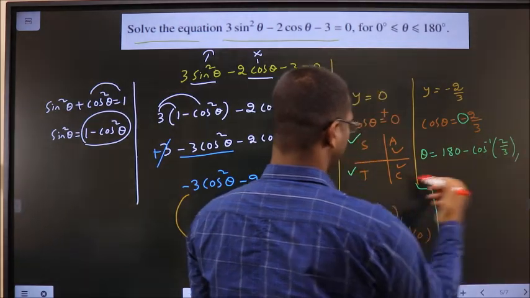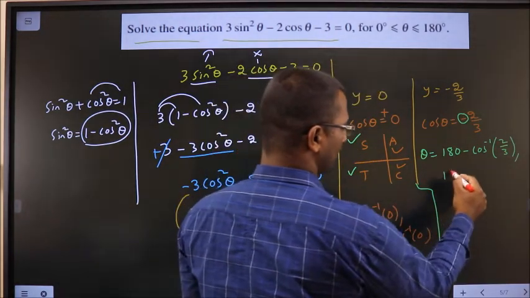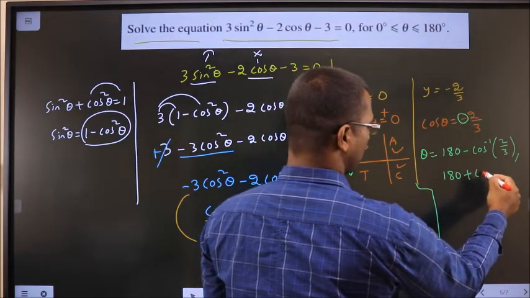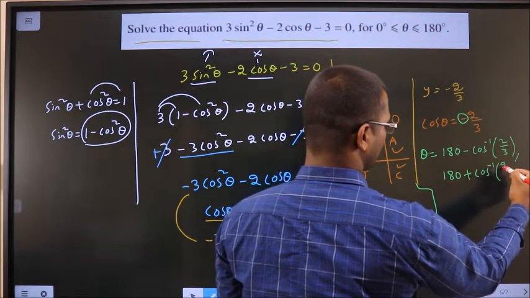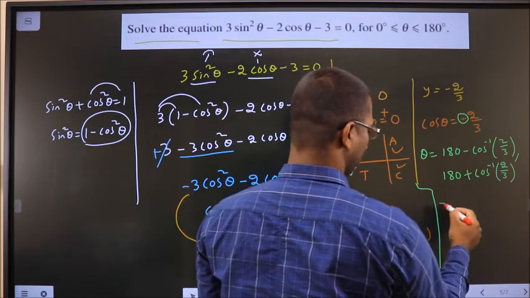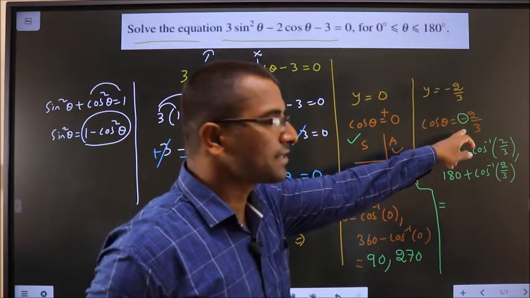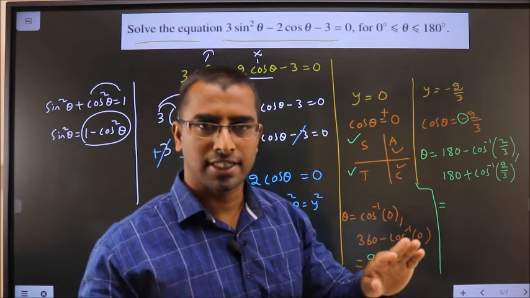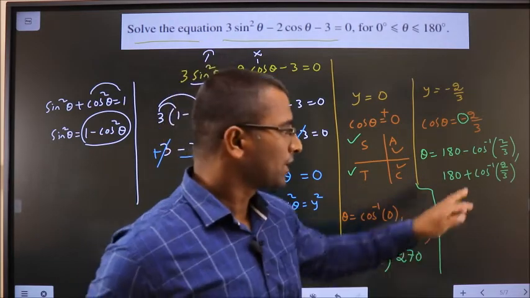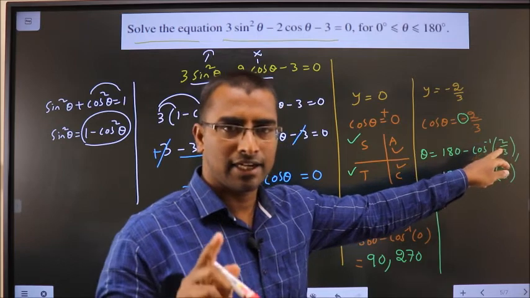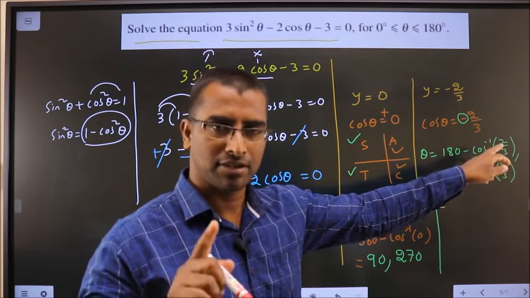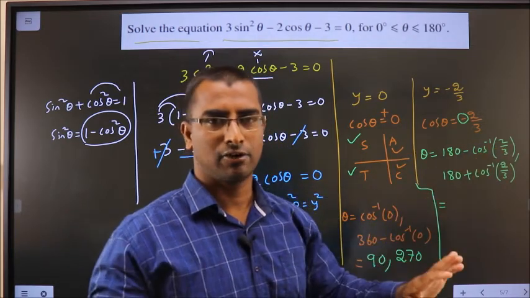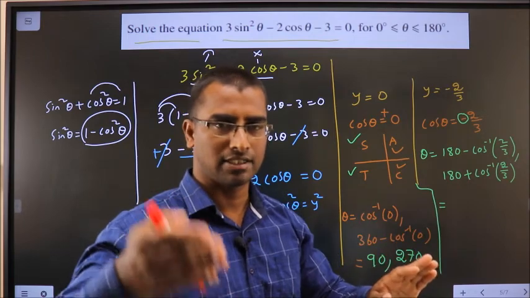To get an angle in the third, we do 180 plus cos inverse 2 by 3. The negative sign only helps you to select the quadrant. Its use is only till there. Here again you should not take negative sign. Okay. Negative sign is only for selecting the quadrant. Its work is till there itself.